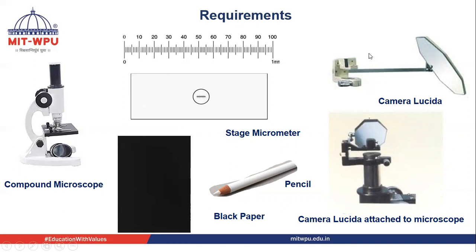The purpose of the camera lucida is that when we attach it to the tube of the microscope, we can simultaneously see the slide kept on the stage and the black paper kept on a platform. That means I can see the stage, slide, and black paper through this camera lucida.